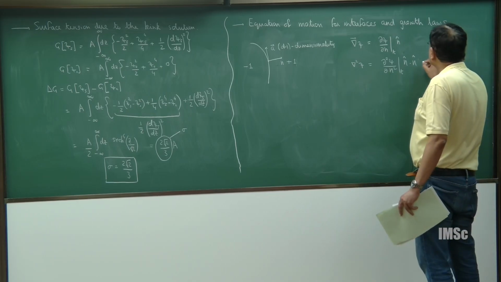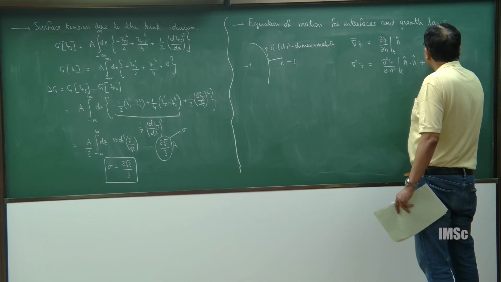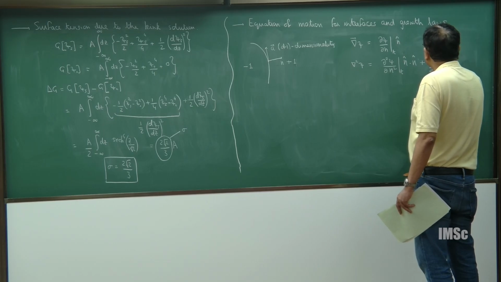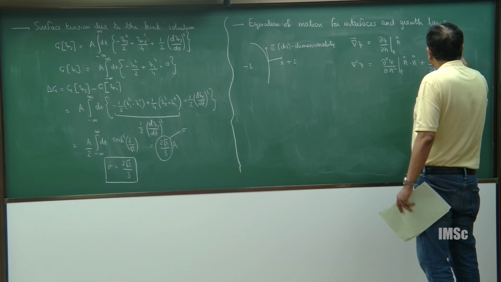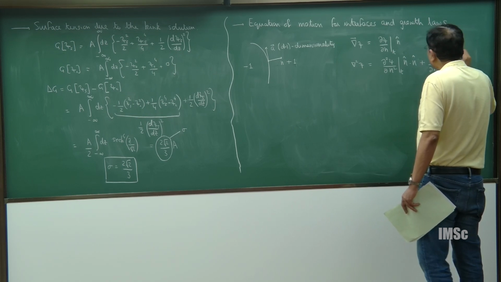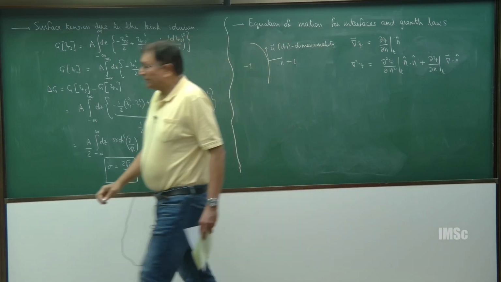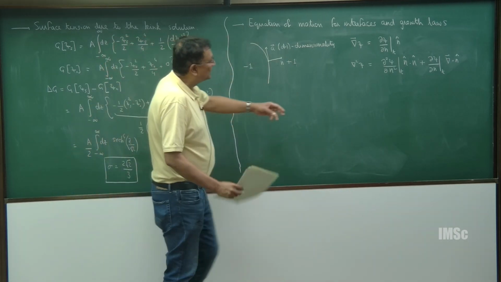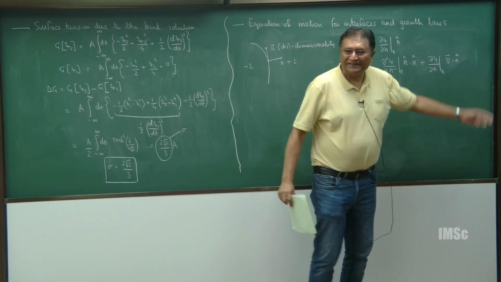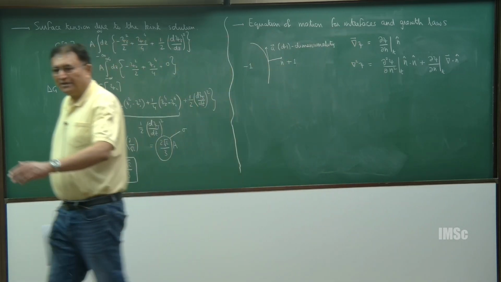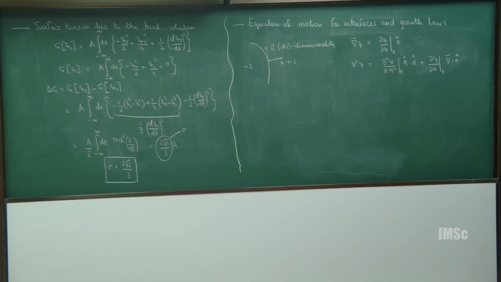So, the second term is simply going to be plus del psi over del n at constant t, times the divergence of the n vector. If you had a flat interface, then the second term would be identically 0 basically, because the normal vector would be the same everywhere, right.